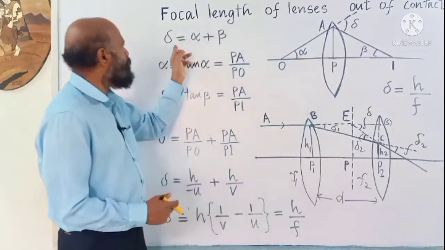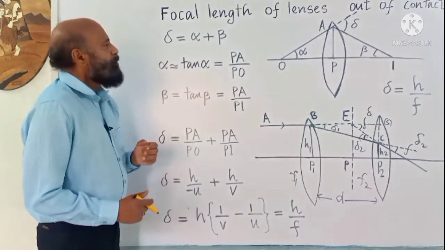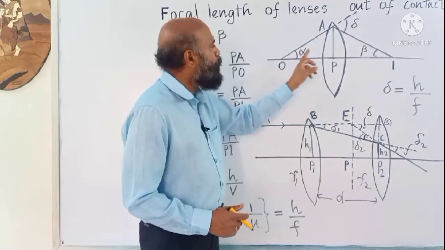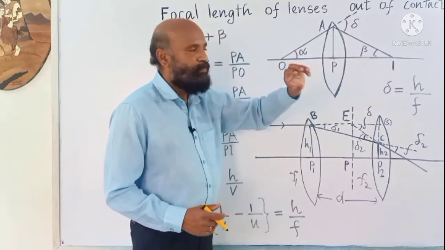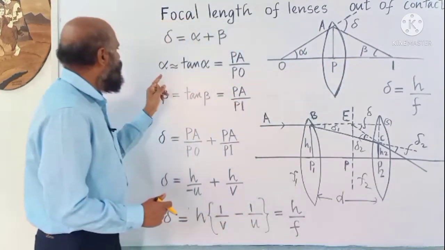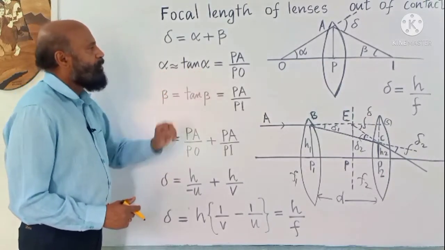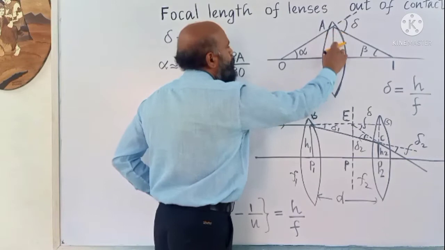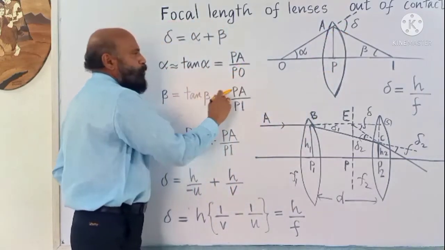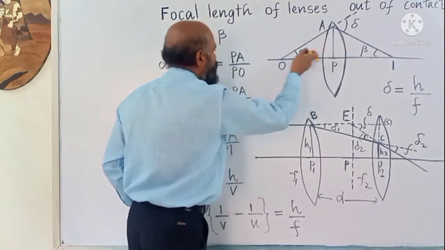Then this alpha and beta are very small, so alpha is approximately equal to tan alpha. Tan alpha is PA divided by PO, opposite side by adjacent side.